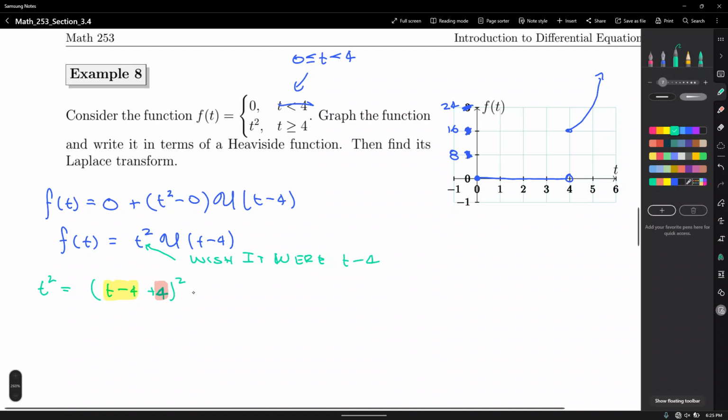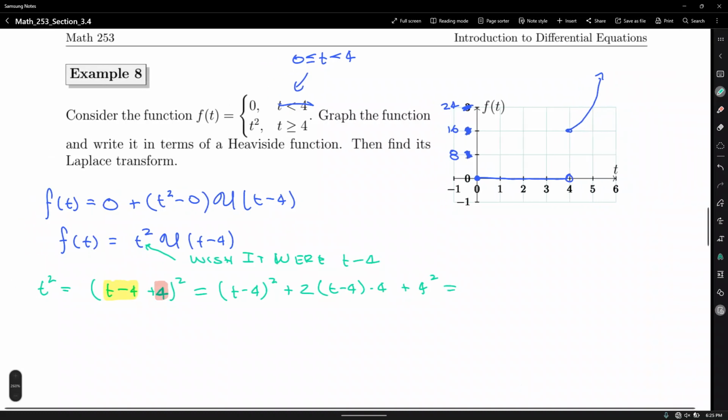This would be t minus 4 squared plus 2 times the product of the two, t minus 4 times 4, plus the square of the second one, right? Okay. I believe that's actually going to do it. Can we just simplify? That'll be t minus 4 quantity squared plus 2 times 4, which is 8, times t minus 4, plus 16.